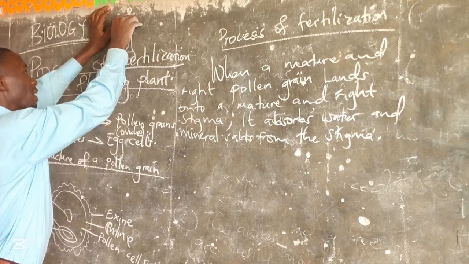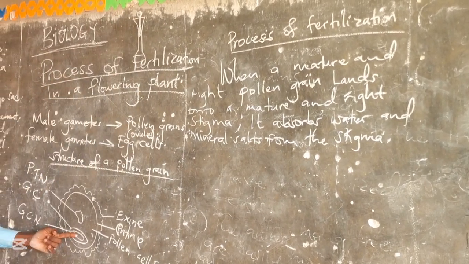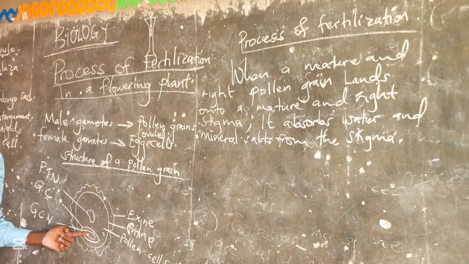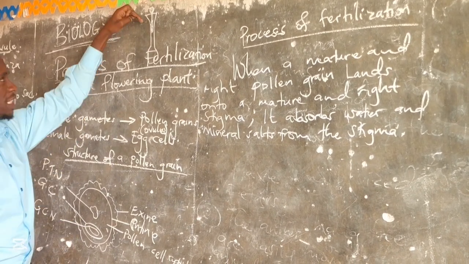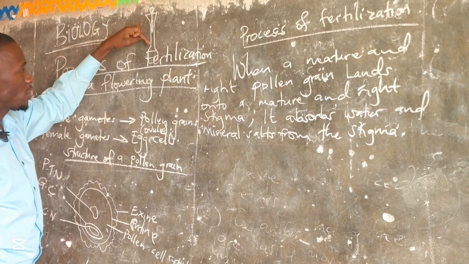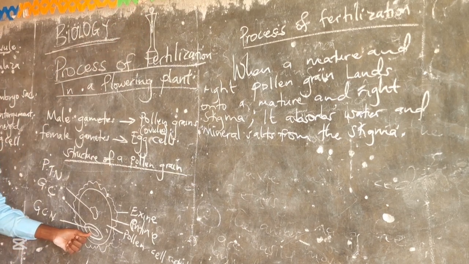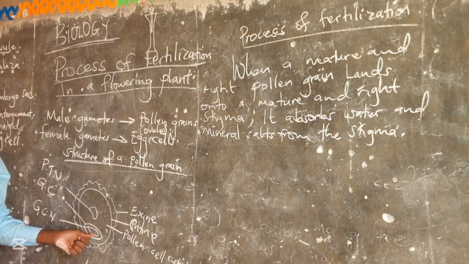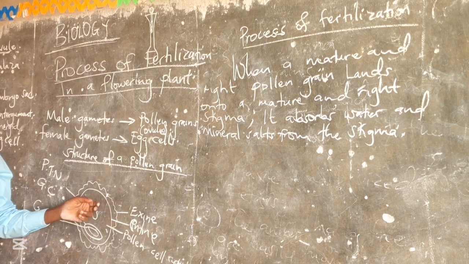And behind the pollen tube nucleus, there is the generative cell nucleus. As the pollen tube is growing down towards the ovary, this generative cell nucleus divides by mitosis, that is, the cell divides into two equal halves.